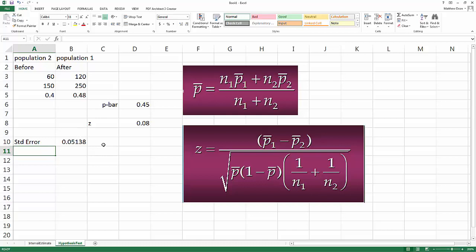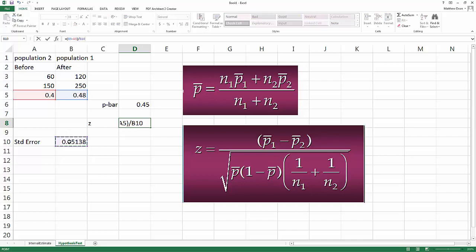On the slides I'd rounded it to 0.0514, which is fine. So then for Z, I divide by what I just came up with, and I get a Z value of 1.557. On the slides we had 1.56, so I must have rounded it up, plus this value was rounded up as well. So this is the test statistic, that's step 3.